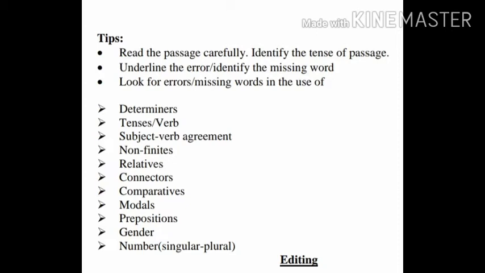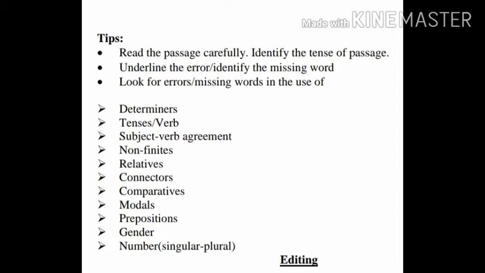Or yes, one more thing, it can be a spelling mistake. It means the words which have the same pronunciation but different spelling, like H-E-A-R and H-E-R-E. Maybe H-E-A-R comes in the passage, but they have written H-E-R-E. So, that you have to find out.